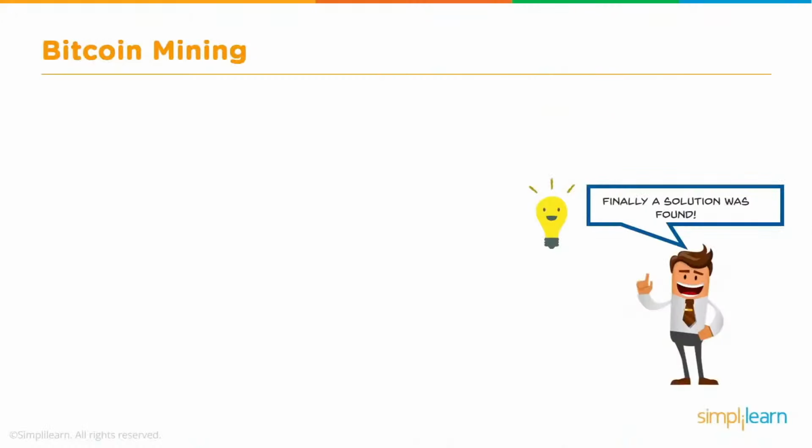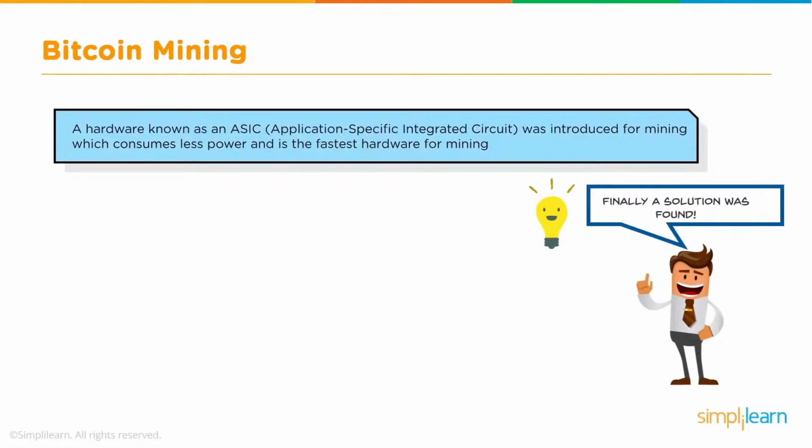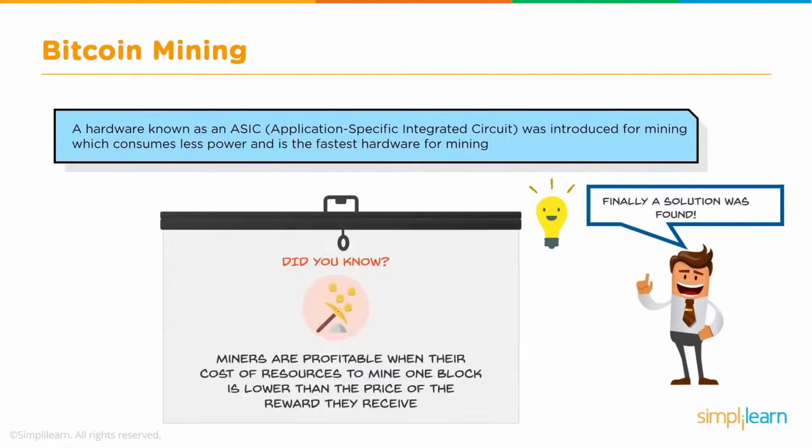Finally, as of today, they are using hardware called ASIC, Application Specific Integrated Circuit, which was specifically introduced for mining, consumes less power and has higher computing power. Miners are profitable when their cost of resources to mine one block is less than the price of the reward they receive. So definitely they have to have the investment less than the reward they earn.